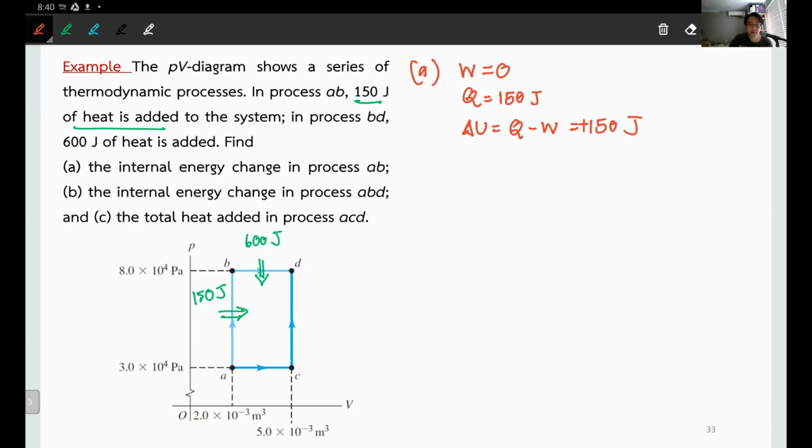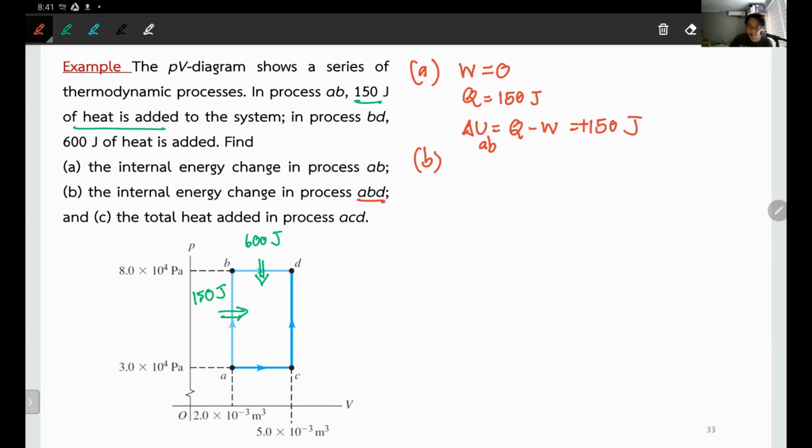Sounds good. All right, now let's try part B. Now they want to go further. They go from A to B and then from B to D. So that means you have to consider what is going on from B to D as well. Just to distinguish the delta U of each sub process, you can put a subscript on it. For part A, you can say it's delta U AB if you like.